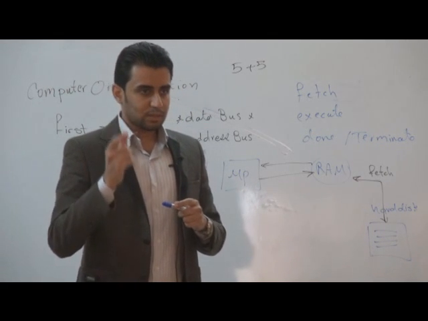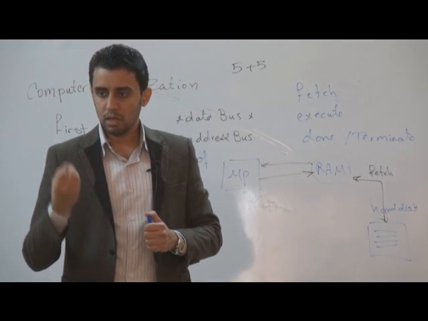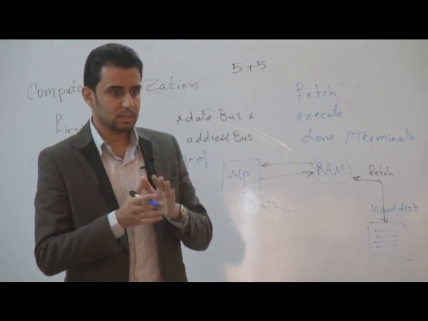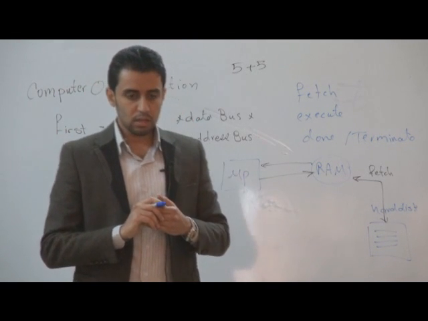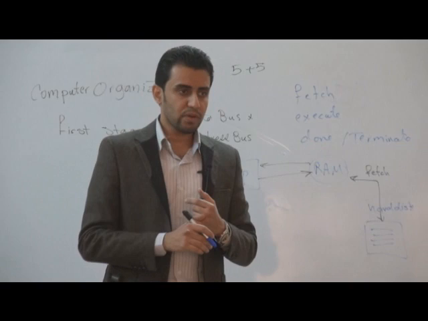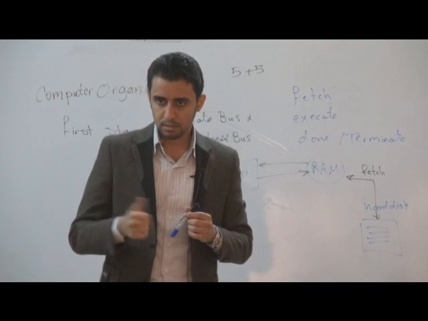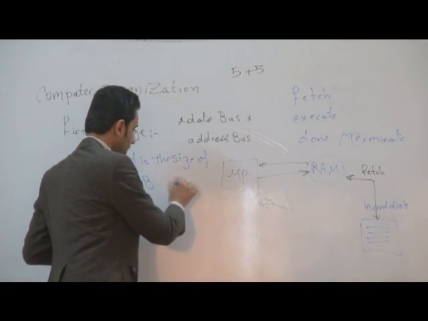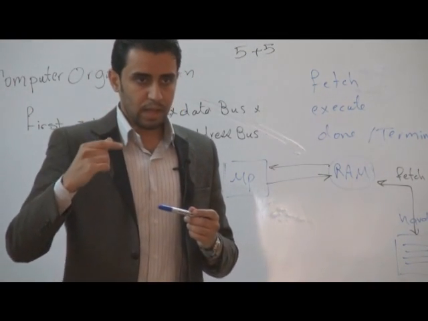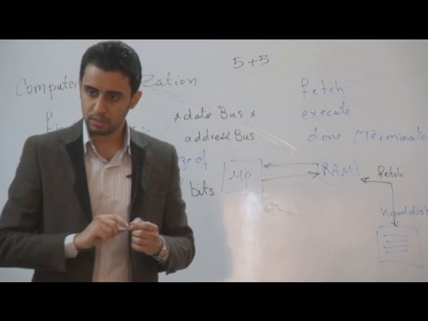It depends on what type or kind of microprocessor we are studying, on the architecture of the computer overall; the size of the data bus changes. And as all of you know, we are studying the 8085 microprocessor. In the 8085 microprocessor, the size of the data bus is 8 bits. That means at one time we can transfer data consisting of 8 bits from one part to another part.